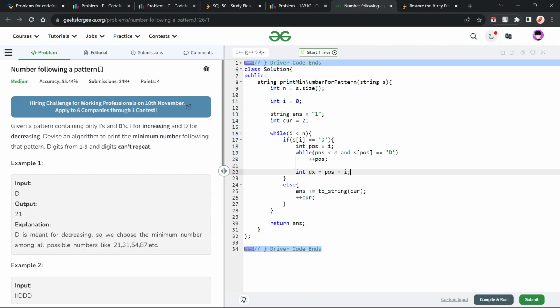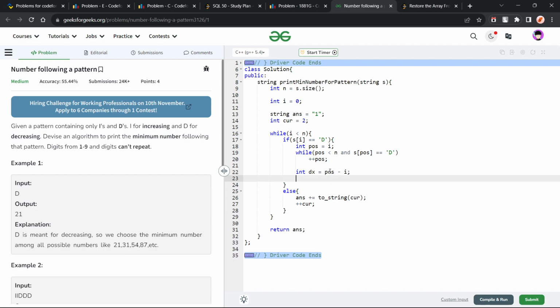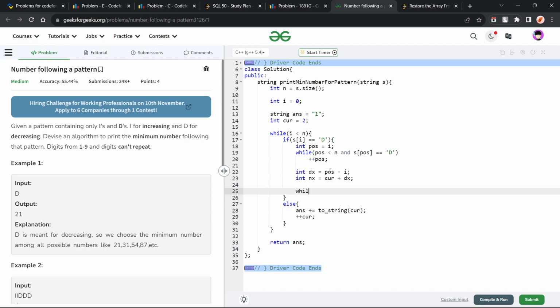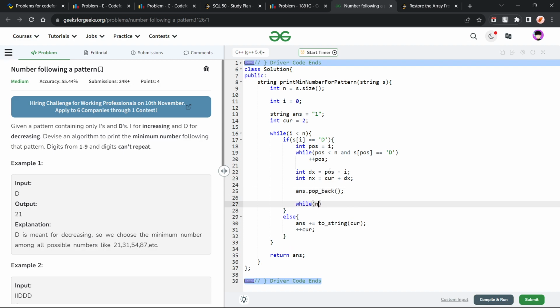Question is I, that one thing I have here, and then, let's say nx is equals to current plus dx. So I'll have to pop back the last element while nx is greater than equals to current.